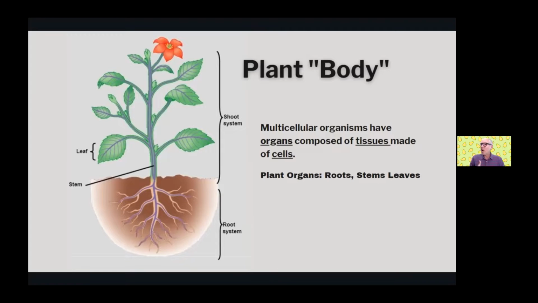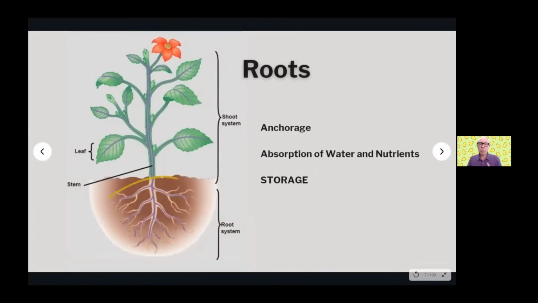Of all the organs that we have, plants just have three main organs. And I bet you've heard of them before. The roots, the stems, and the leaves. See how easy botany is? Multicellular organisms, plants with the three main organs.